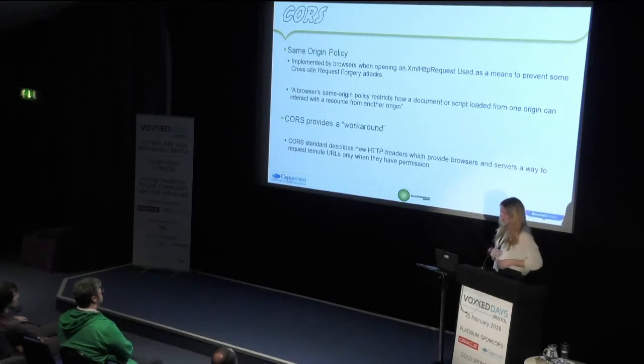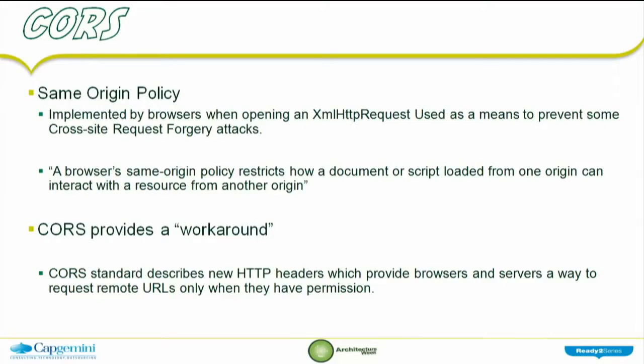To put it in better terms, opening an XML HTTP request is the point that allows these cross-site forgery attacks. You can send data in from a source other than your original source. And CORS provides a workaround by which the server can say that it allows the client.